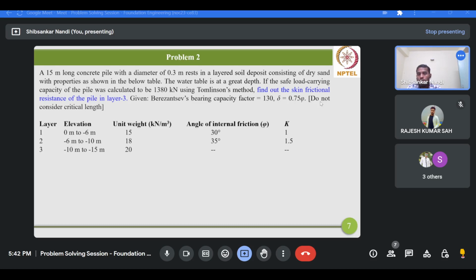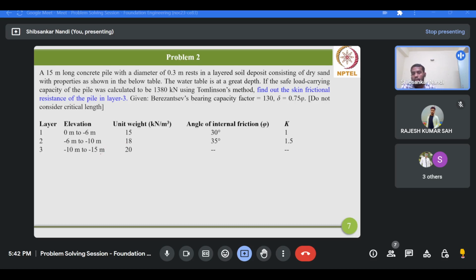Now let's look at the soil properties. From 0 to 6 meter, this is one layer: the unit weight is 15 kilonewton per meter cube, the angle of internal friction is 30 degree, and the earth pressure coefficient is 1. The second layer extends from 6 meter to 10 meter, with a thickness of 4 meter: unit weight 18 kilonewton per meter cube, angle of internal friction 35 degree, and earth pressure coefficient 1.5.